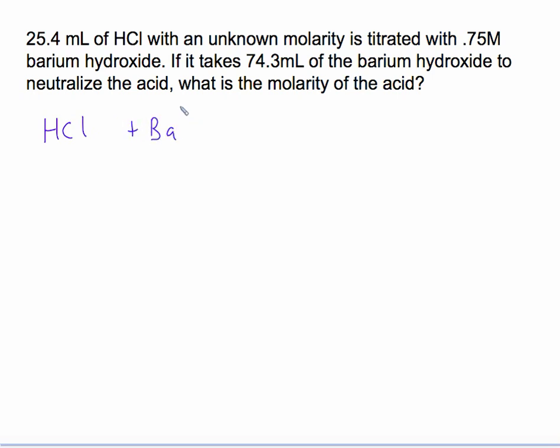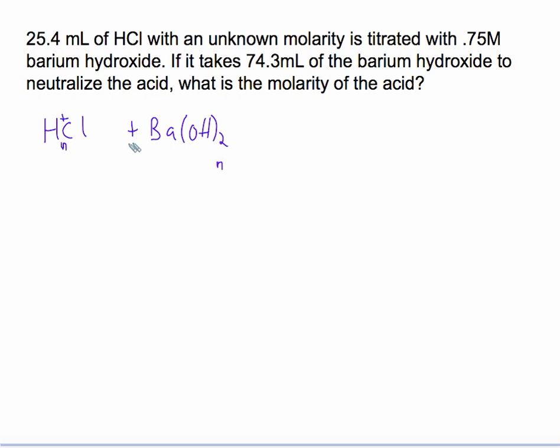Now, I'm going to show you two ways to do this type of problem. Whenever you have an acid with an H in it, you can look at how many H plus ions, how many hydrogen ions are in that acid versus how many hydroxide ions are in the base.